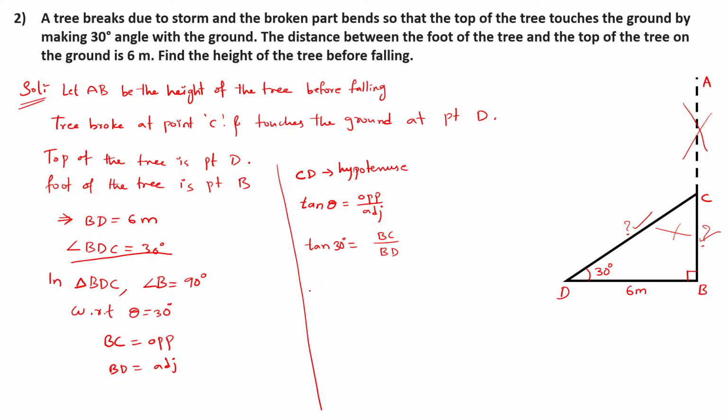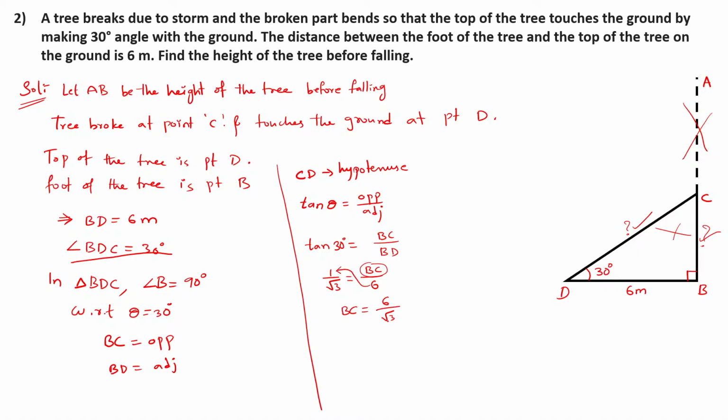Tan 30 degrees from the table is 1 by root 3, equal to BC, whose value we don't know actually, so put it as it is, BC. BD value is 6. All right, now put BC here only, transpose this divided by to this side, it becomes multiplication, with 1 in the numerator. So BC is equal to 6 by root 3.